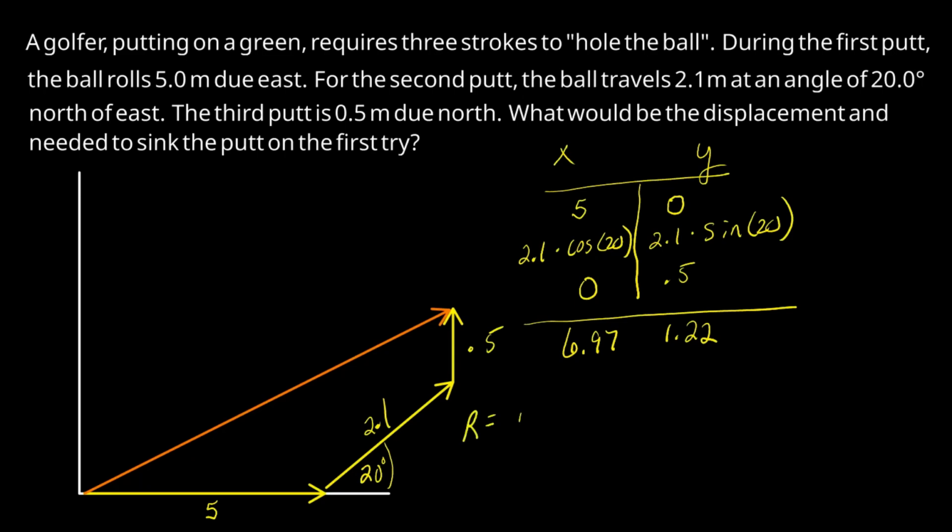So the result is going to be the square root of 6.97 squared plus 1.22 squared. So my result is going to be 7.08 meters.